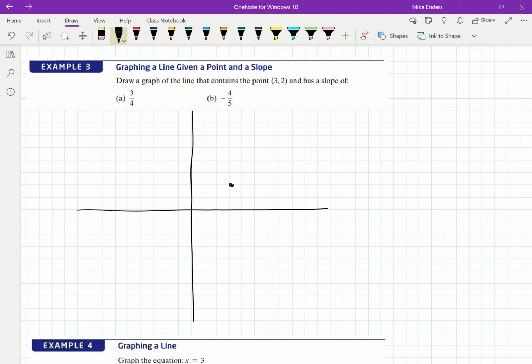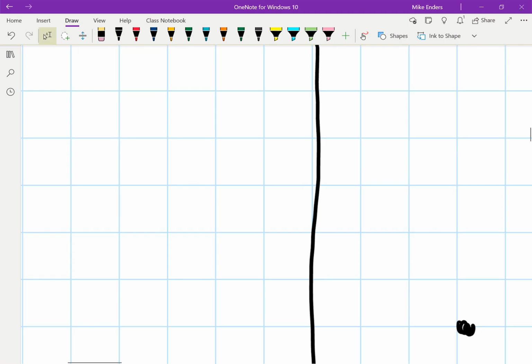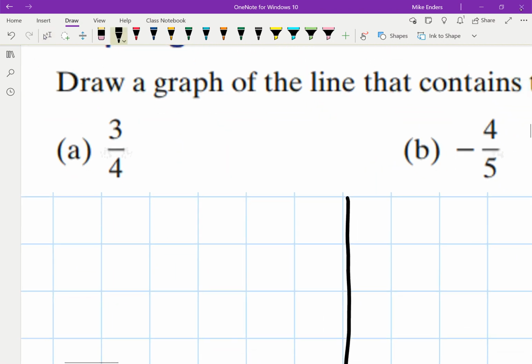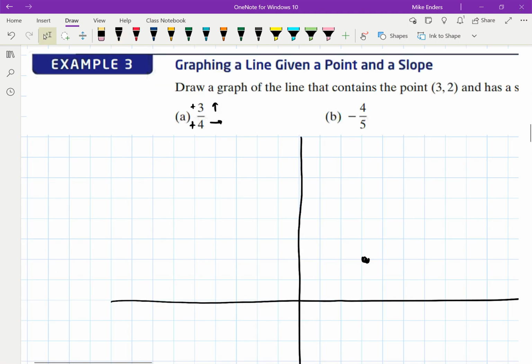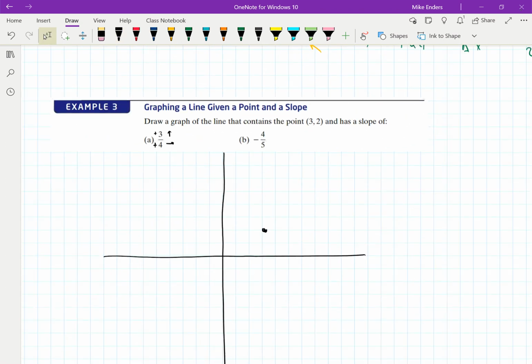I want a slope of 3/4, so I'm going to go up 3 for every 4 I go across, because it's +3 over +4. Positive in the y direction goes up, and +4 in the x direction goes to the right.